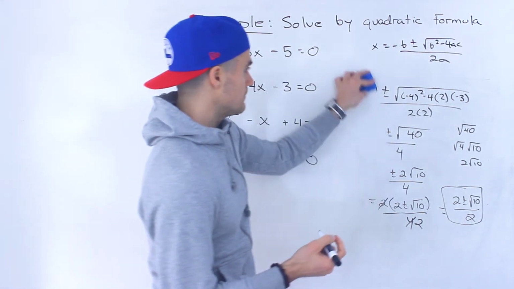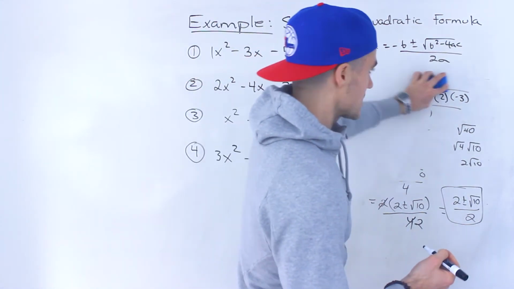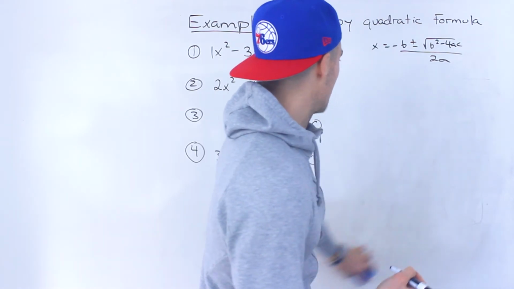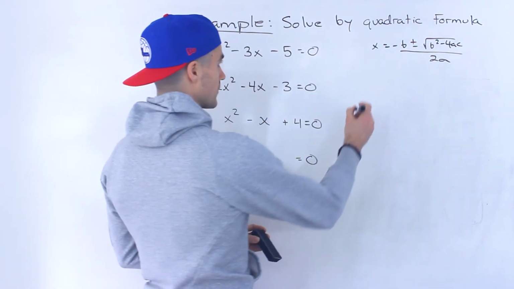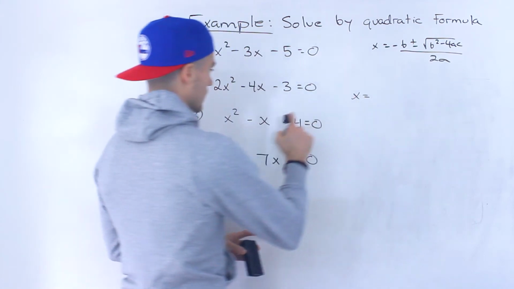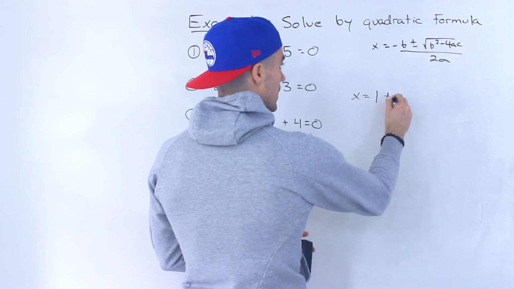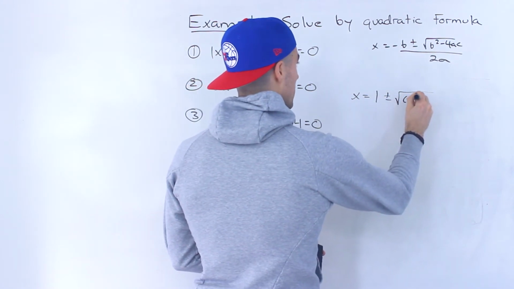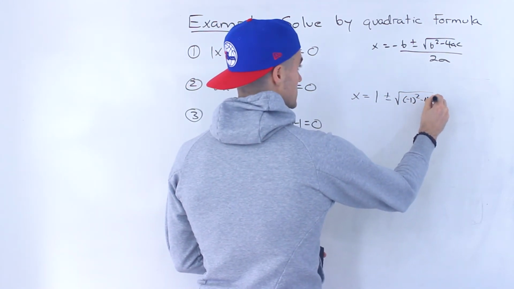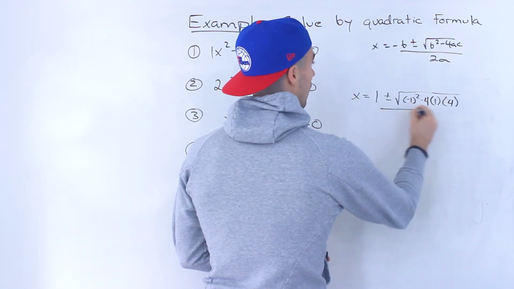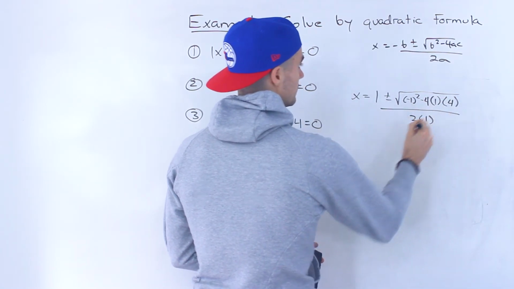Number 3, exact same thing. We would plug in the corresponding parameters. So we would have -1, which is 1, plus or minus, we'd have -1 to the power 2 minus 4 times the a value, which is 1, times the c value, which is 4, all over 2 times 1.